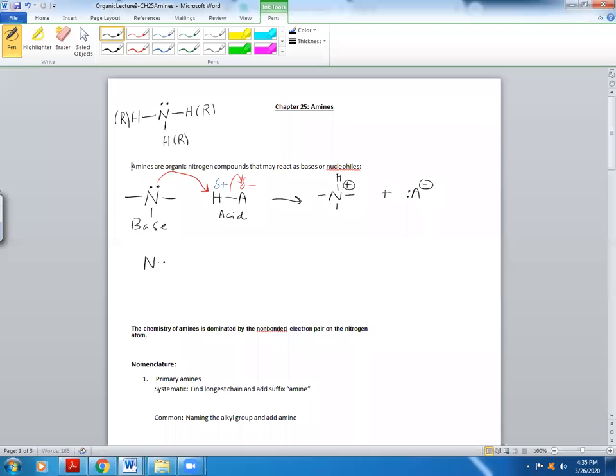So you draw the same thing. And here you have an electrophile, and let's say this electrophile is attached to a halogen. And you know that this is delta plus and this could be delta minus.